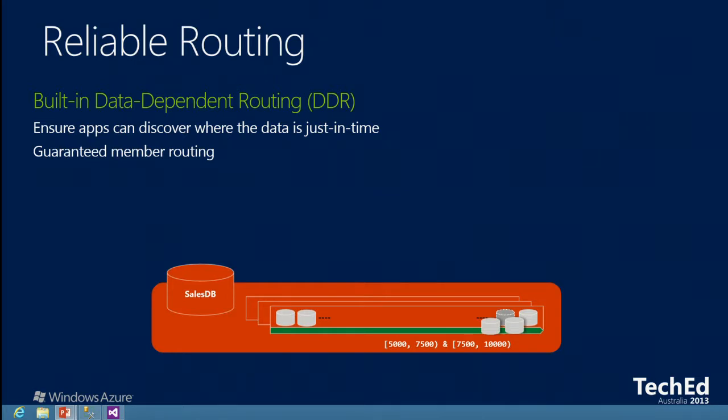Guaranteed member routing: if I'm looking for this specific record, I should know at any given time where that ID is. I shouldn't have to go anywhere else to find it, or go to another database to ask where this ID is. Does that make sense? I should know where it is at any given time.